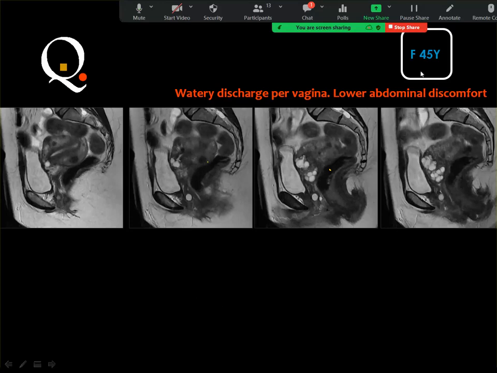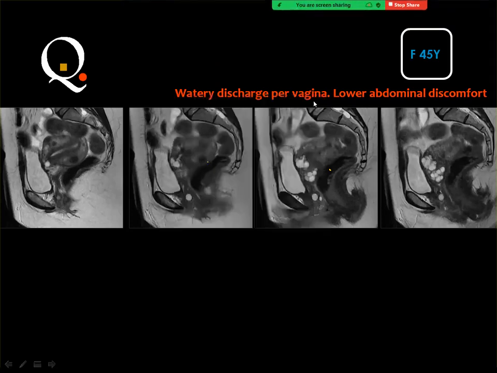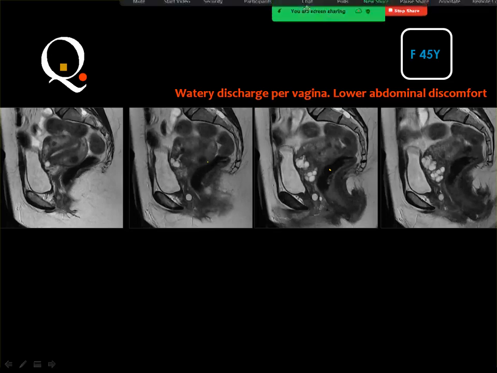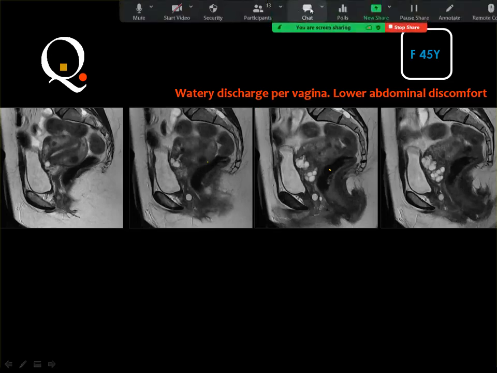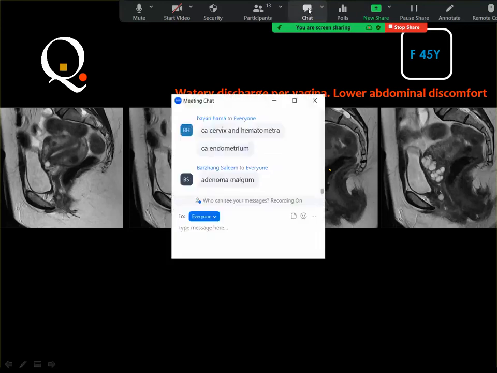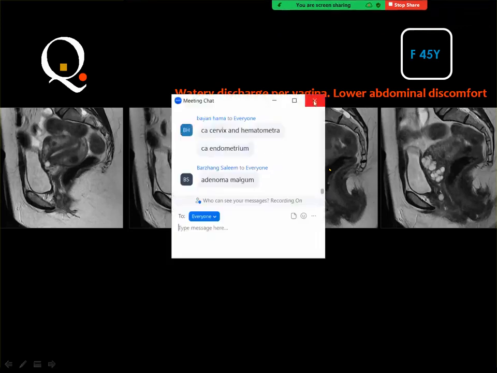Next case is a female patient, 45 years old, with watery discharge per vagina and lower abdominal discomfort. Yes, a very good answer.